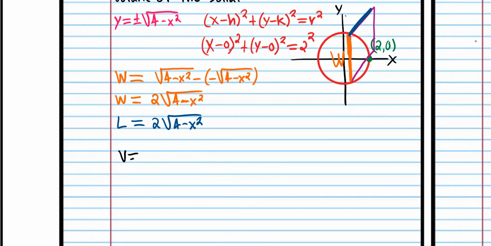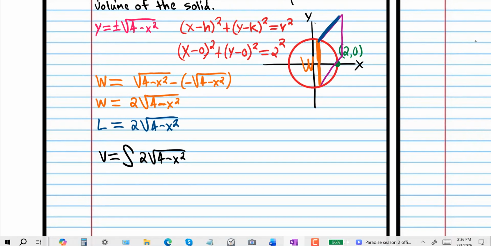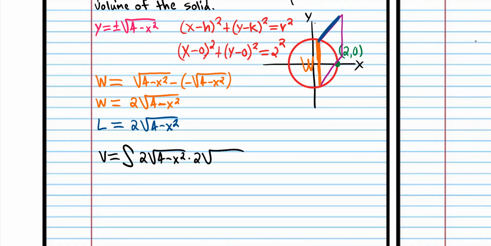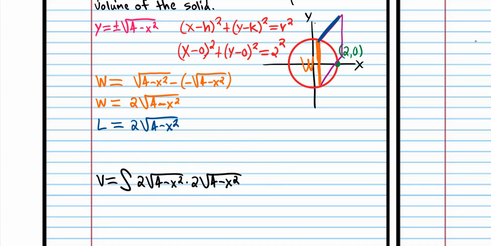So now the volume is the integral of 2 root 4 minus x squared, which is the width, times the length, which happens to be the same thing. Remember, the area is a function of x. We don't have to write it as a function of x now, but area is length times width.